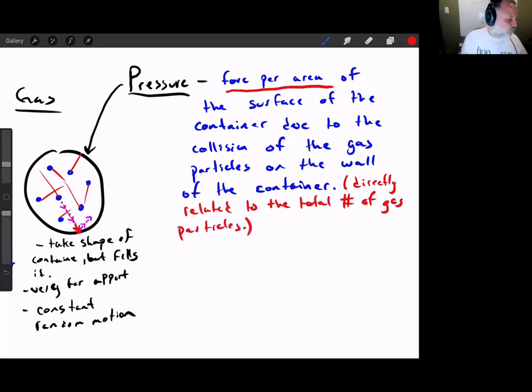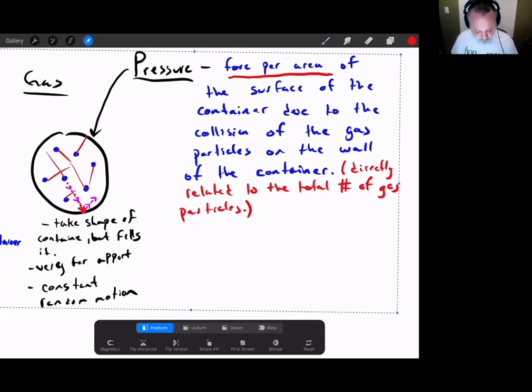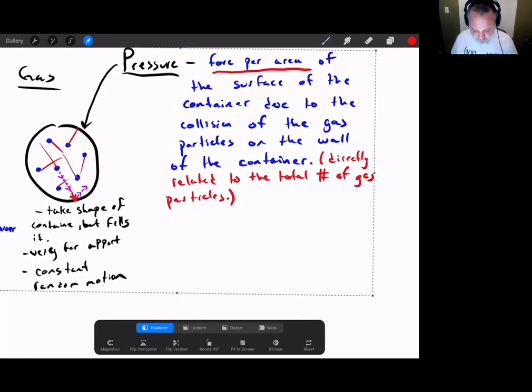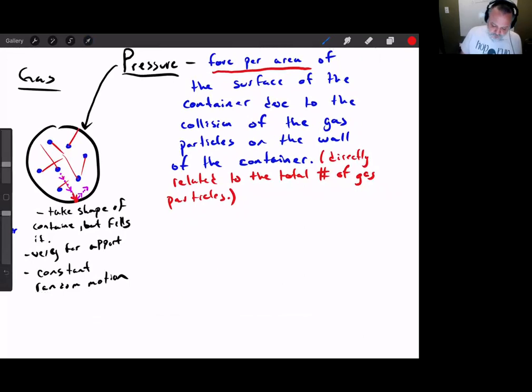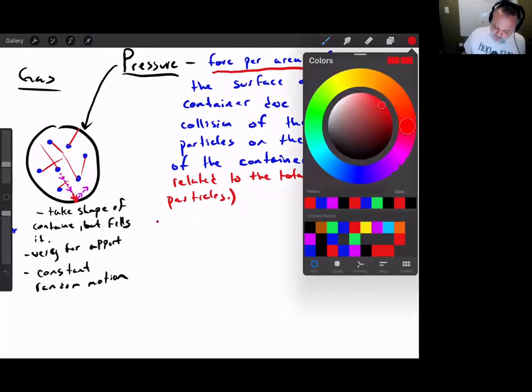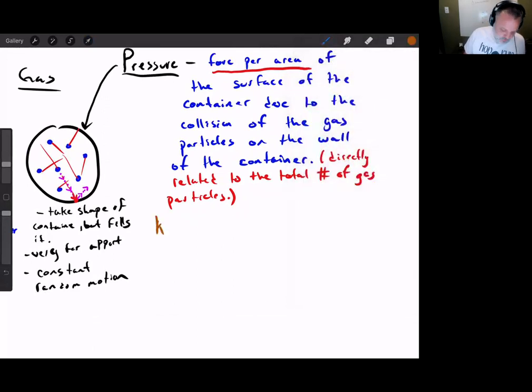All right. Now, I want to wrap up this piece of chapter 11 by invoking a particular set of rules for gases. It's called the kinetic molecular theory of gases.